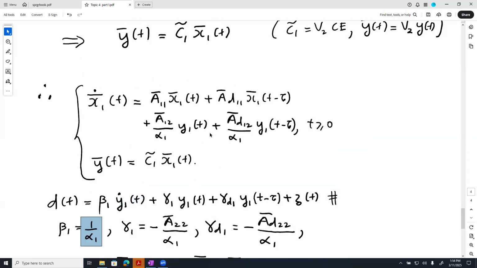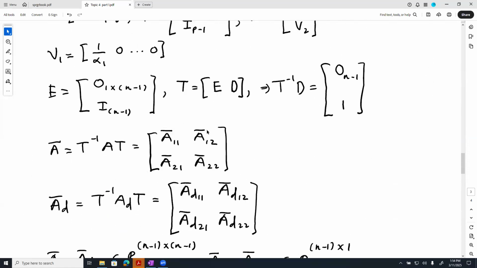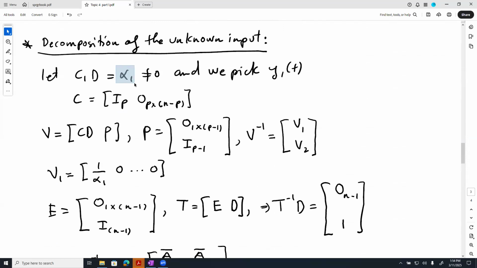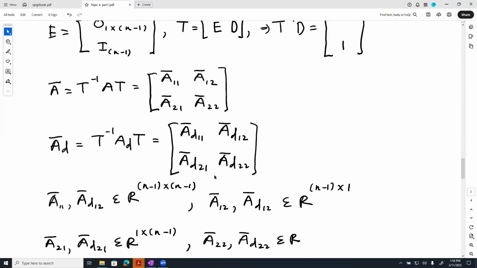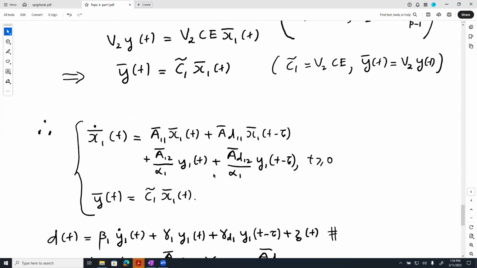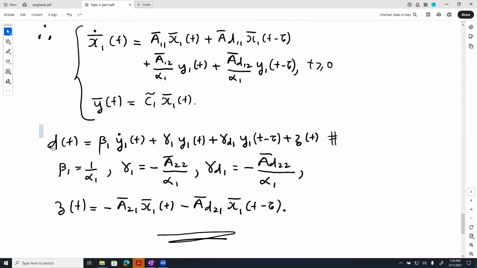Alpha 1 is the product of C1 times D, so we know alpha 1. It has to be non-zero. And that's why, by the way, to asymptotically estimate the unknown input, we inevitably need to use the first derivative of the output measurement. In this situation, we have the least number of output differentiators.